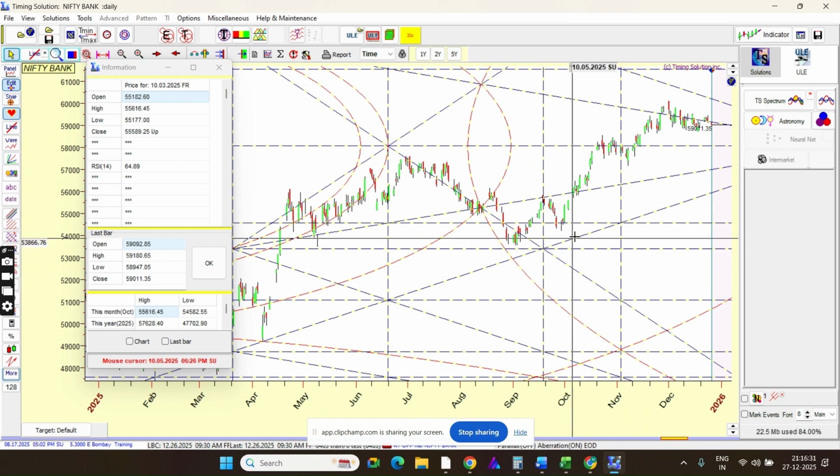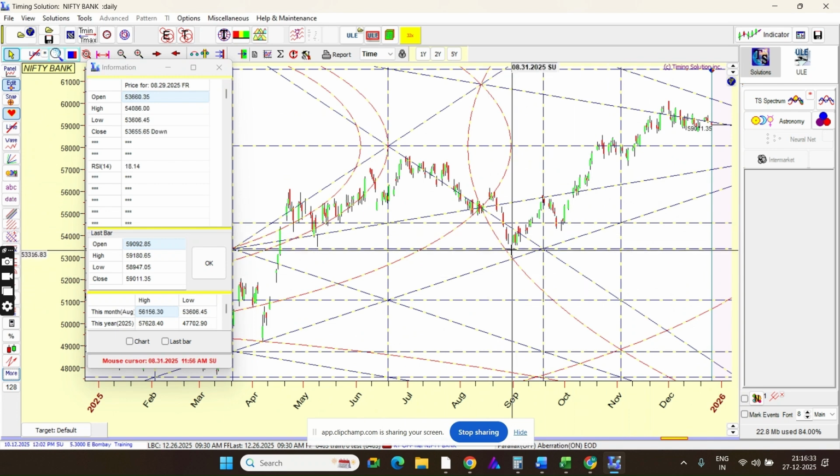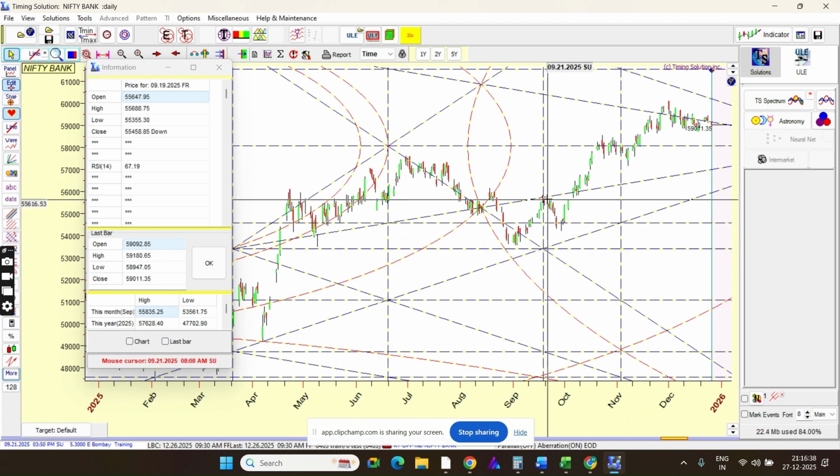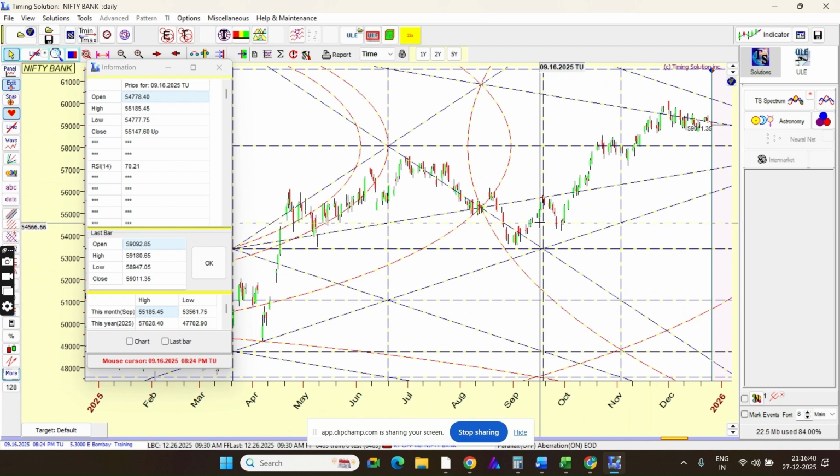We did not break this angle, suggesting that the trend will continue here. From this cluster level, we can see these cluster levels are around 54,500 and around 53,400.